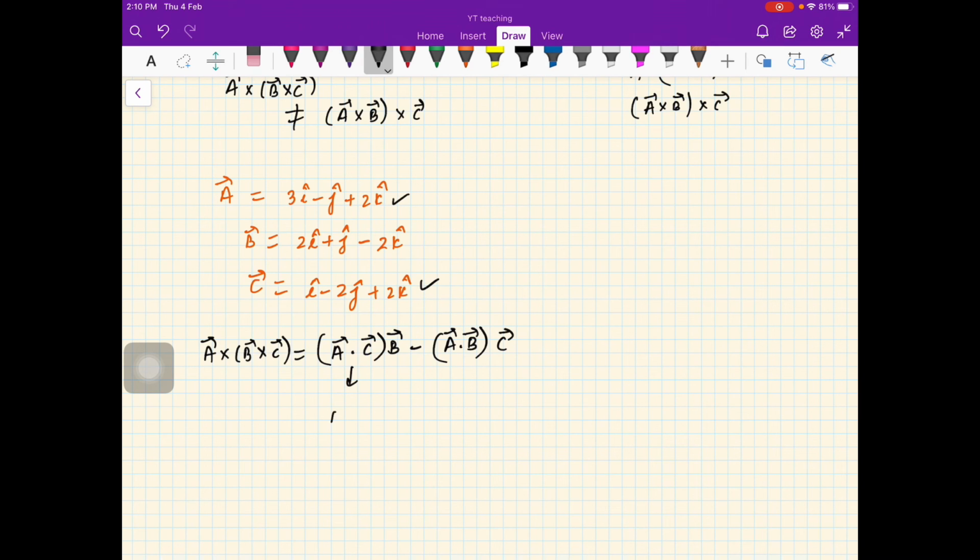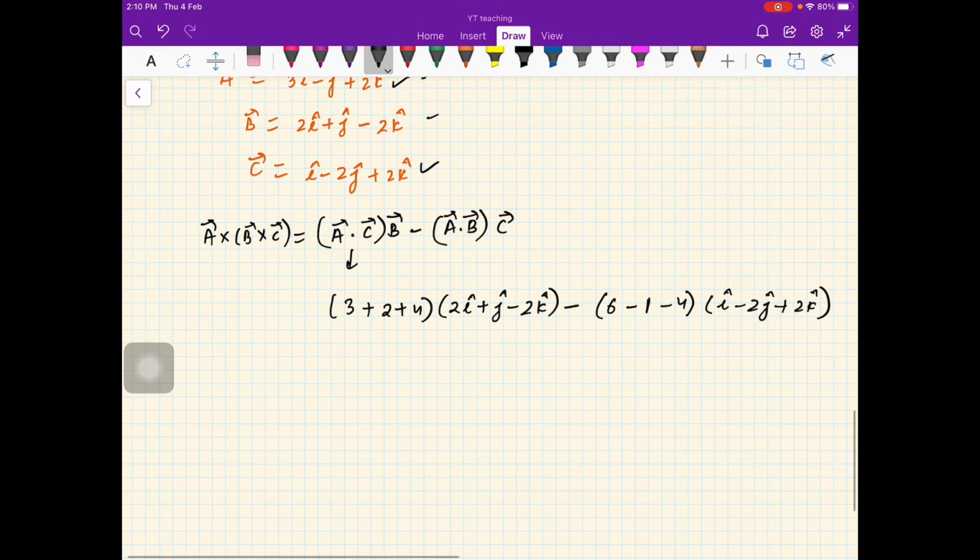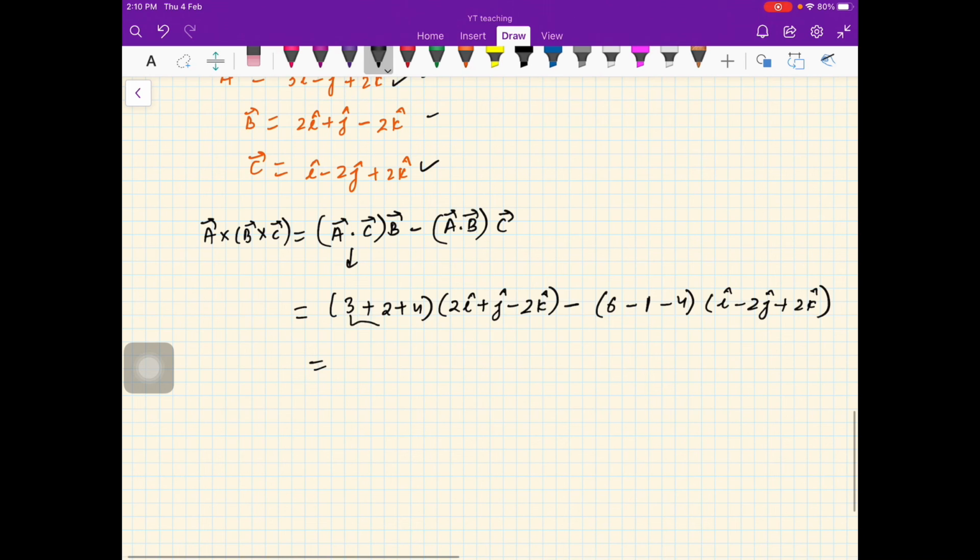First dot third is 3 plus 2 plus 4, into second vector, that is 2i plus j minus 2k, minus first dot second, that is 6 minus 1 minus 4, into C vector, that is i minus 2j plus 2k. Right, so this is equal to 9 (2i plus j minus 2k) minus 1 (i minus 2j plus 2k).